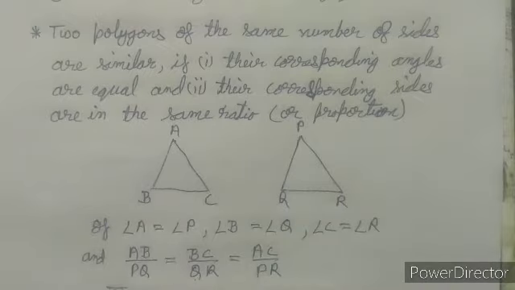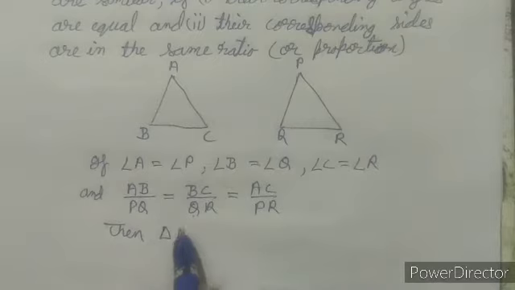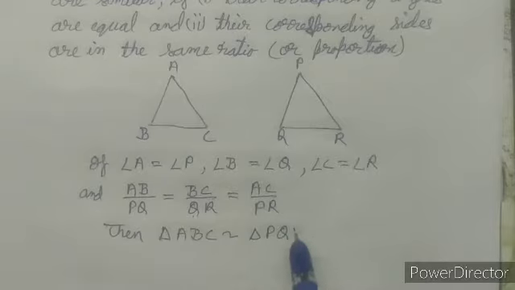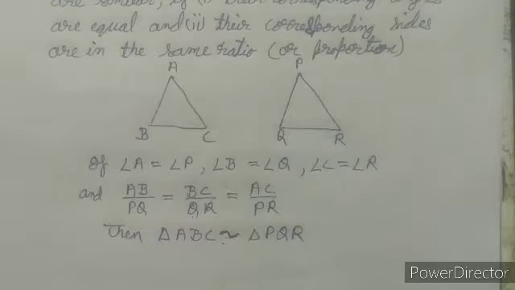Then we can say triangle ABC is similar to triangle PQR. Here the sign used is the sign which is used to represent the similarity of figures.